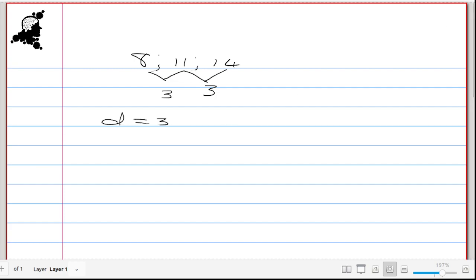Here's something interesting to take note of. 8 plus the common difference gives us 11. So I'm just going to write it down on the side. So 8 plus, let me use a different color for the common difference, 8 plus our common difference equals 11.